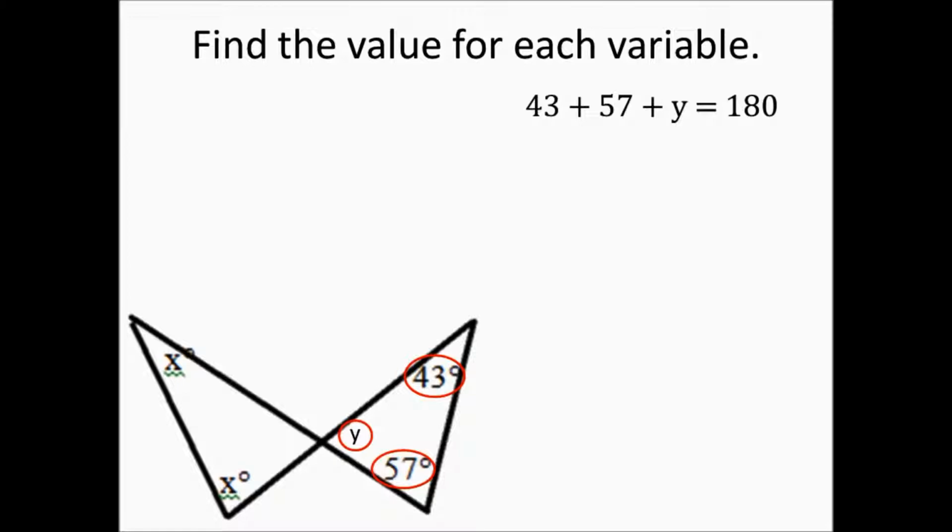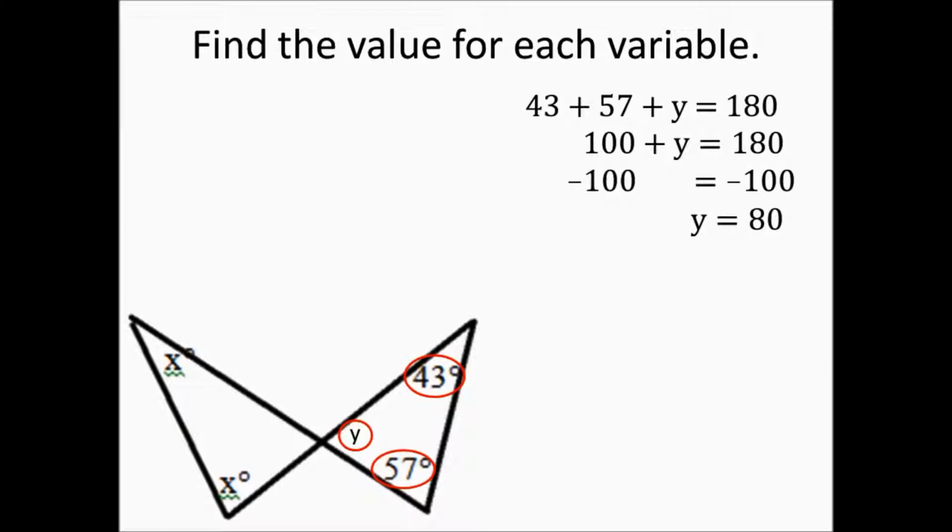The rest becomes algebra in order to find y. 43 plus 57 equals 100. Bring down the y, they're all equal to 180. Next, we subtract 100 from both sides. So y is equal to 80.